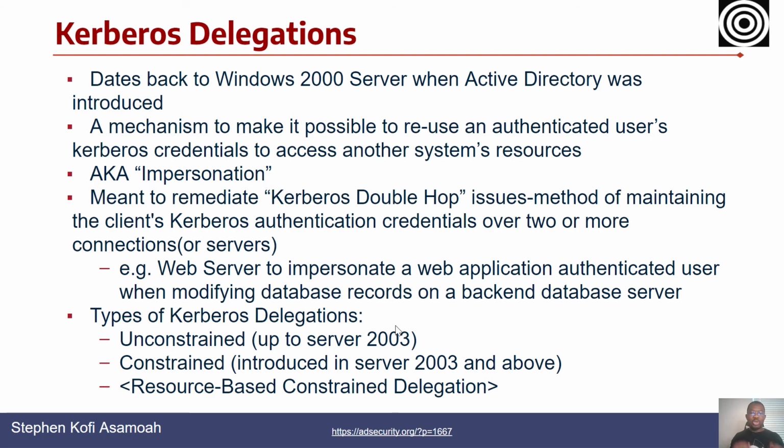So it was meant to remediate what we call the double hopping issue, which is being able to jump over or between systems using the same user Kerberos credentials to achieve that, right? Now, we have types of them. The two most well-known ones are the Unconstrained Delegation and also Constraint Delegation.